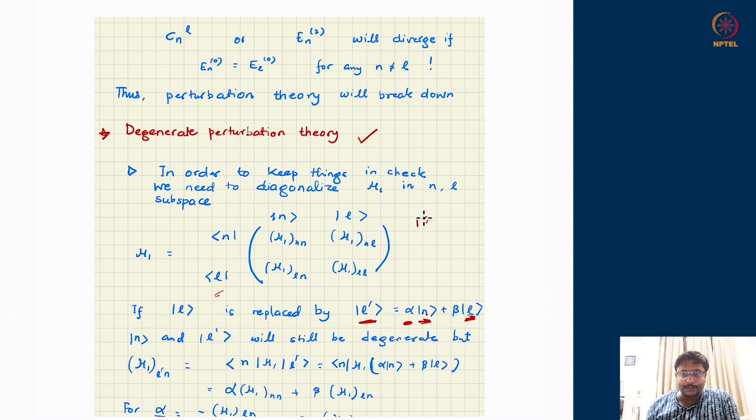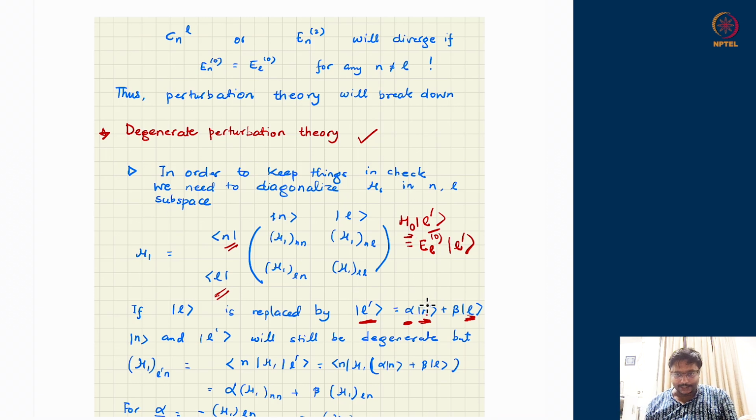The new L primed, you can verify it has the same energy, call it En0, with L primed as well. So not only N and L have the same energy, even L primed also has the same energy as far as the unperturbed Hamiltonian is concerned.